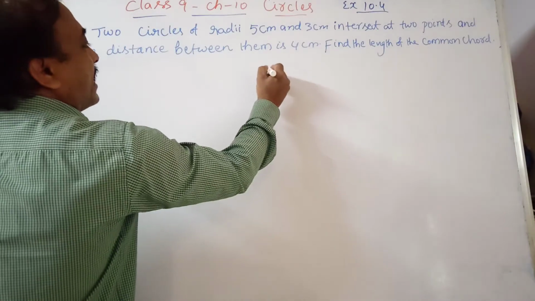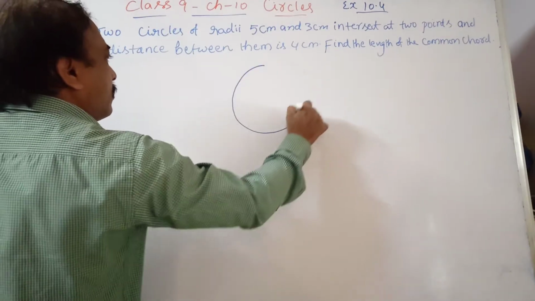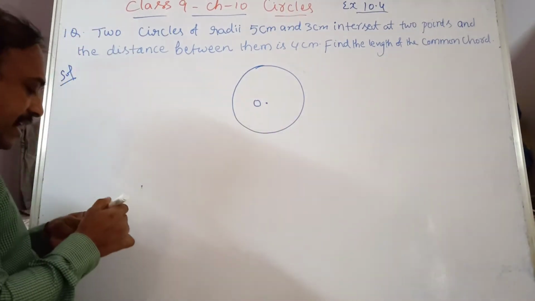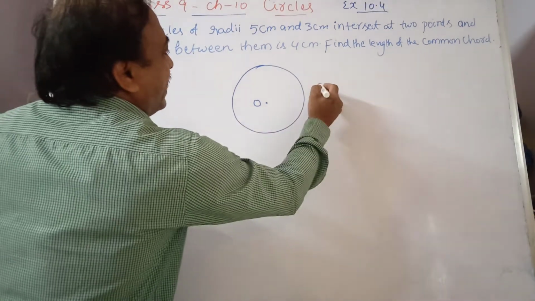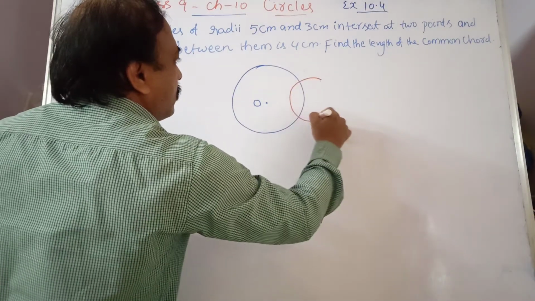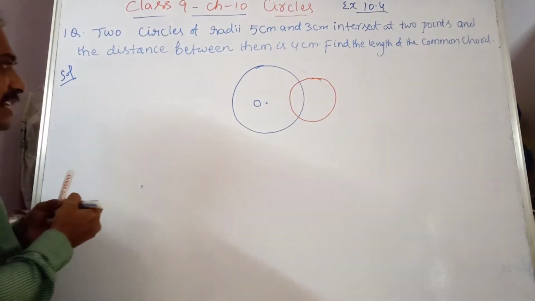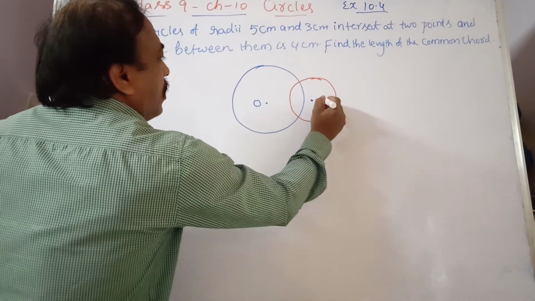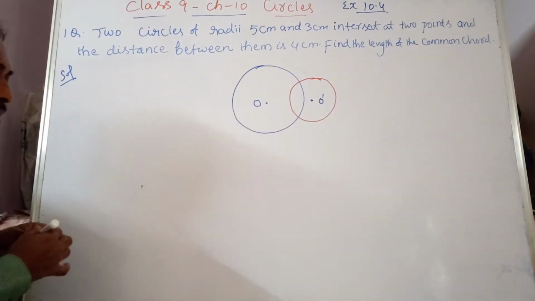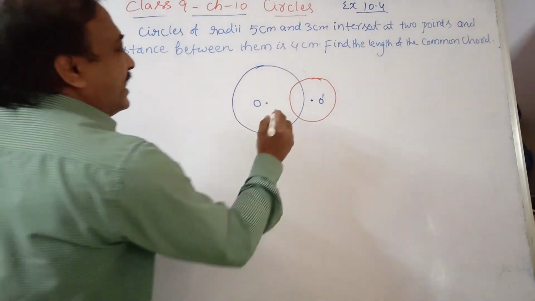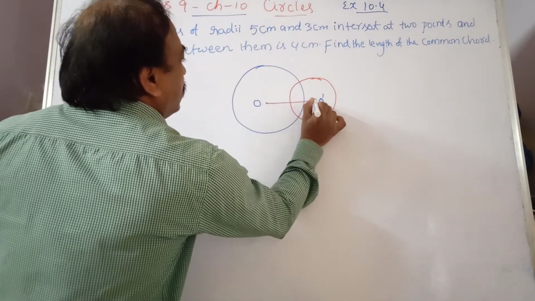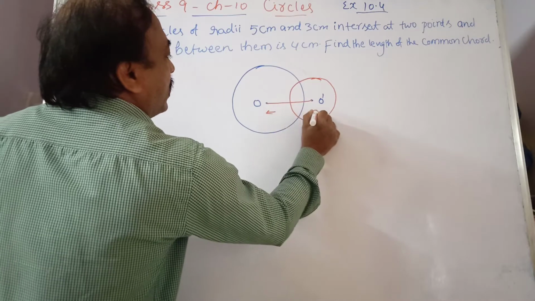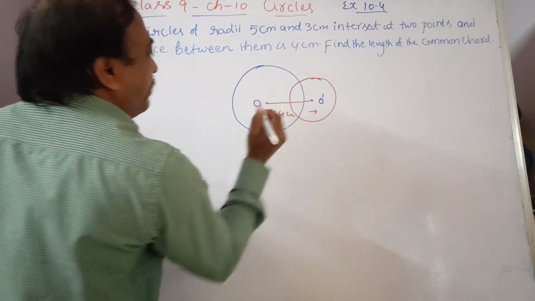There is a circle of radius 5 cm with center O, and another circle with 3 cm radius, with center O dash. The distance between those two centers is 4 centimeters, as given.